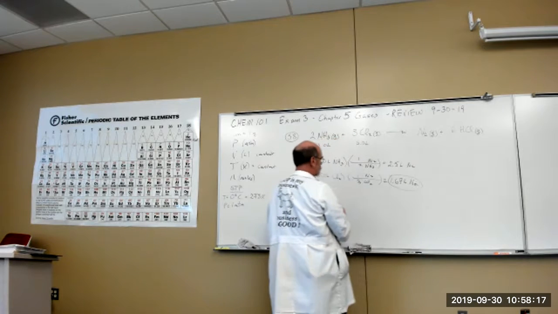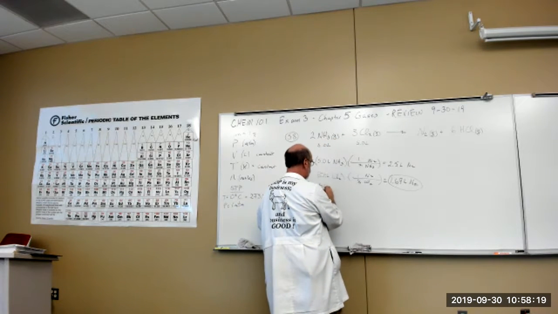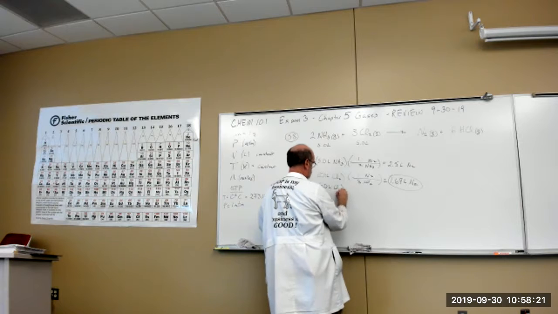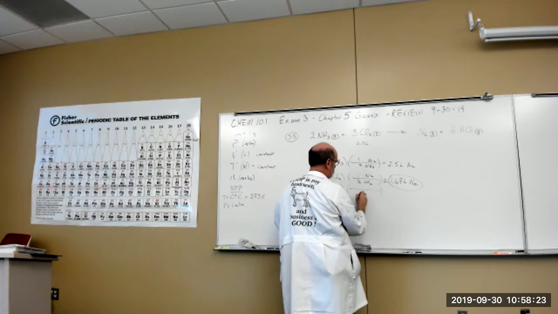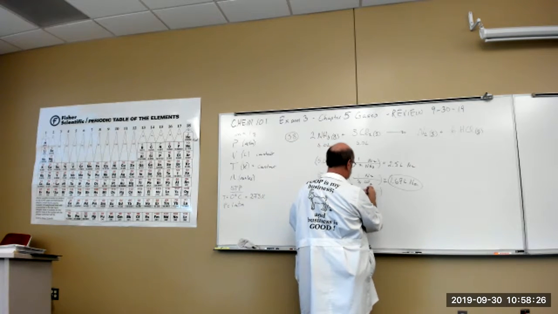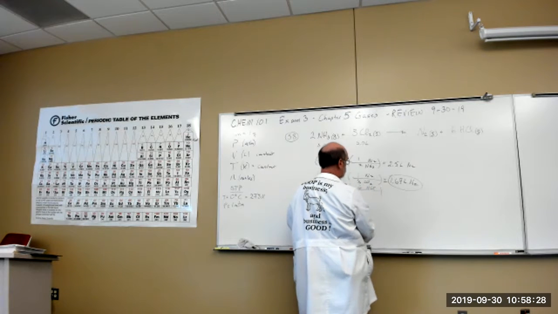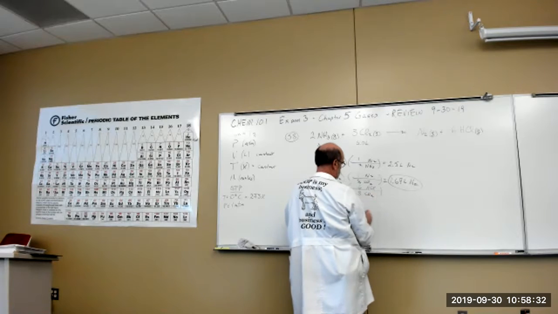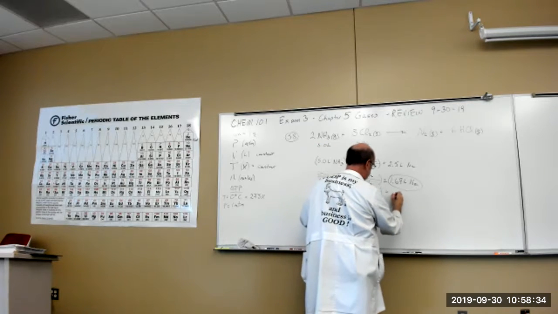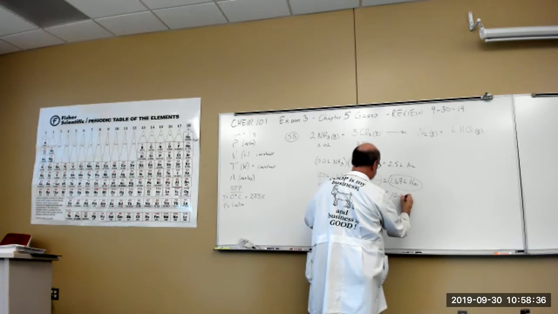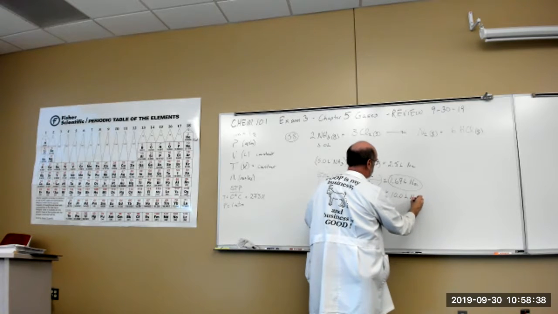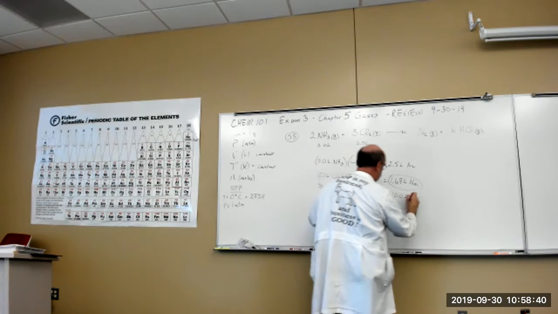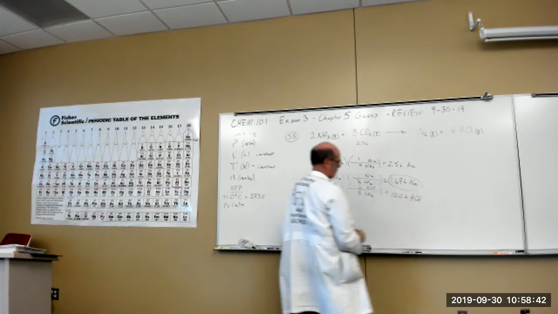How much hydrogen chloride do we produce? Well, let's go from the limiting one. HCl, 6 for every 3 chlorine. Right? So that's just 2. 10 liters of HCl.